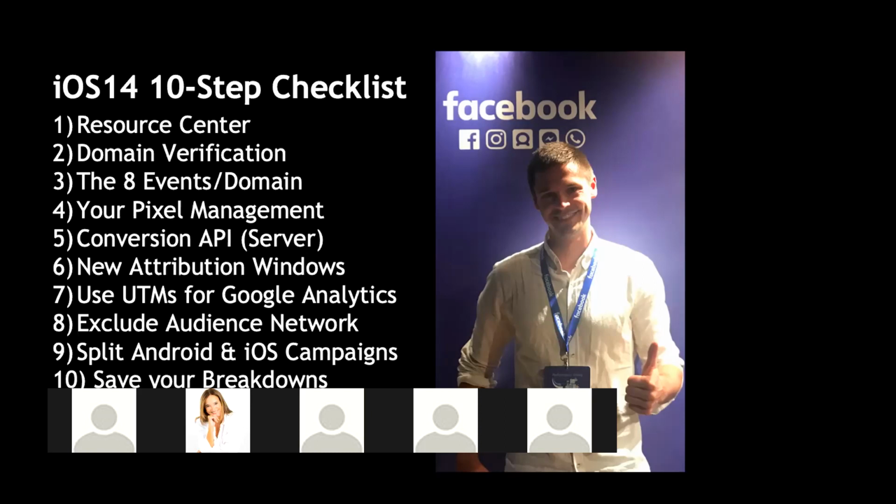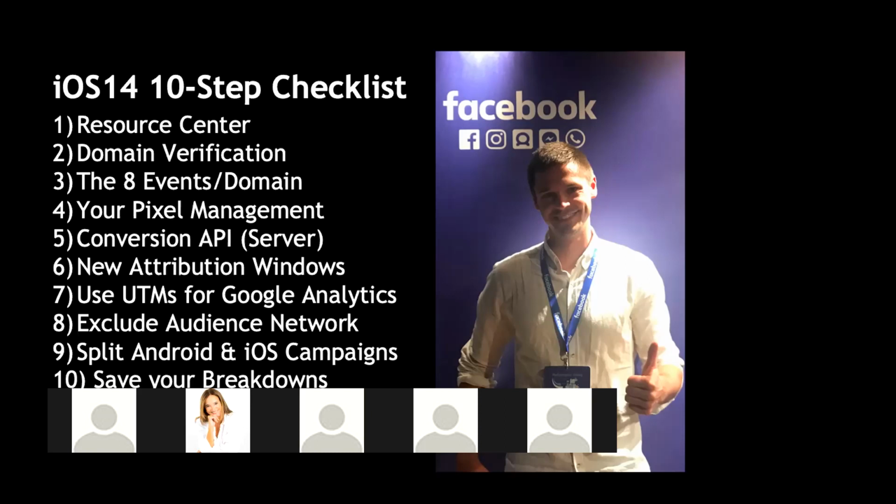Instead of 28 days post-click or even post-view, we can now maximum do 28 days, 7 days post-click and 1 day post-view attribution. And knowing that attribution and measurement is going to be more and more complicated inside Facebook and Instagram, then make sure to at least properly track everything inside Google Analytics with UTMs.